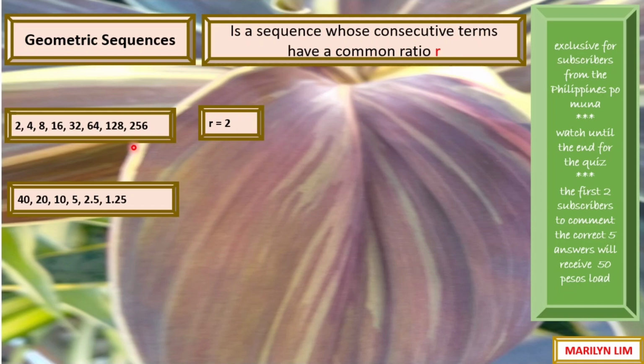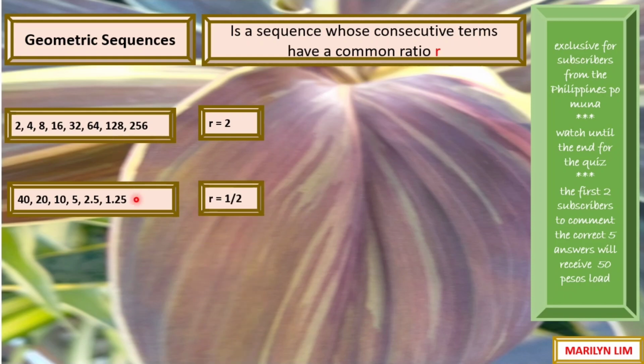It is a geometric sequence because each term is obtained from the previous one by multiplying it by 2, which is the common ratio. Is that true? 2 times 2 is 4, 4 times 2 is 8, 8 times 2 is 16, 16 times 2 is 32, times 2 is 64, and so on.